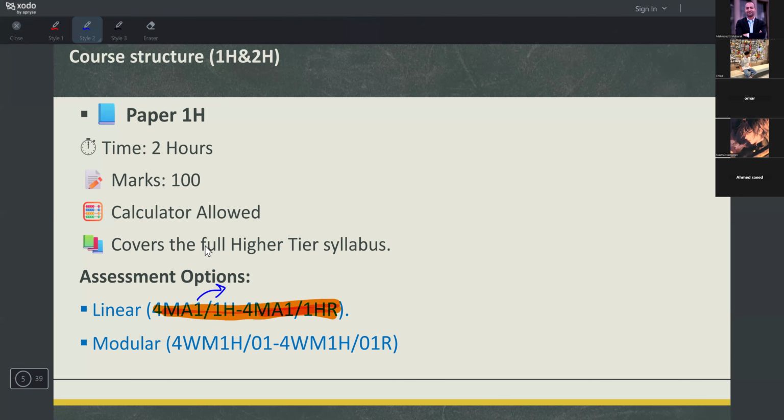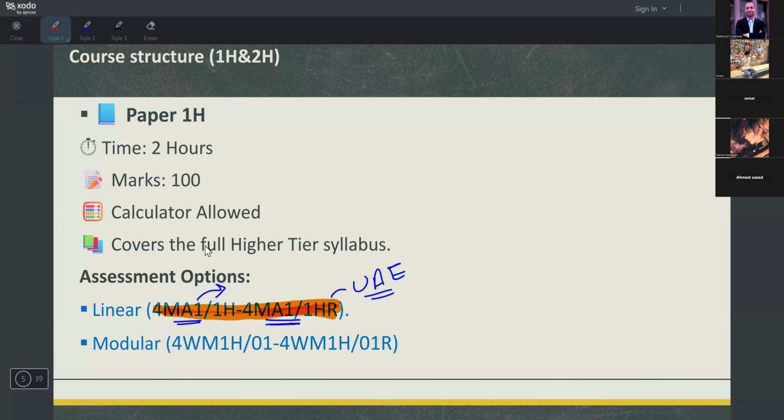For countries Egypt, Saudi Arabia, Kuwait, Qatar, Lebanon, okay? And the other variant is for the United Arab Emirates. So if you are in the United Arab Emirates, this is your paper code for linear, and this one is if you are outside the UAE.